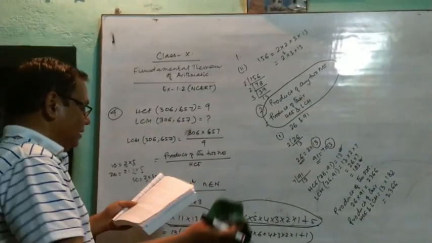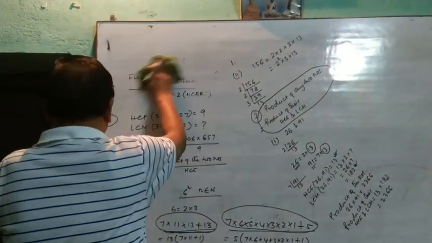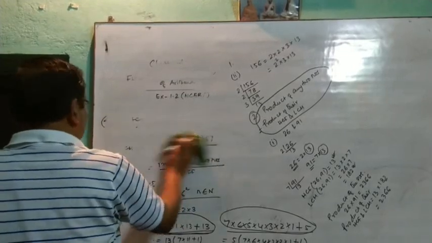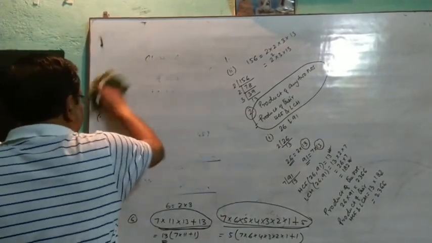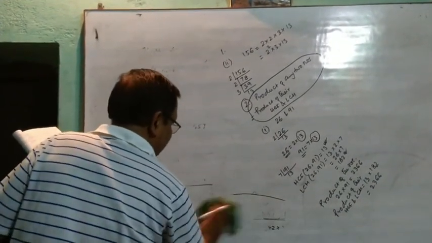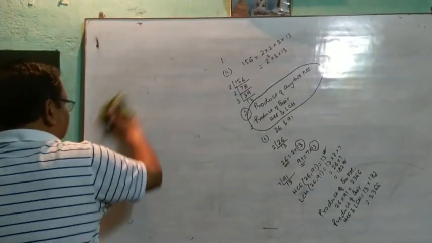And the last one, again, this question needs an explanation, so let me read out the question and explain it. There is a circular path around a sports field. See, a circular sports field is there. That is the last question of this exercise.